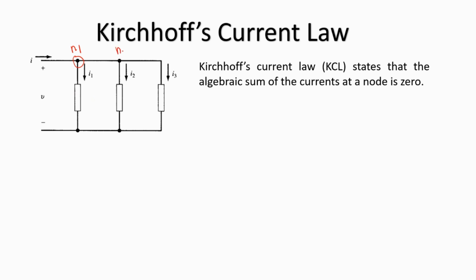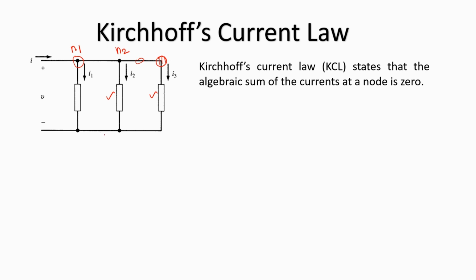Then this is another node, N2, where this resistor and this resistor are connected. We could think that this is another node, but this point and N2 are one and the same because there are no other components connected in between. So we are not going to consider that as a node.